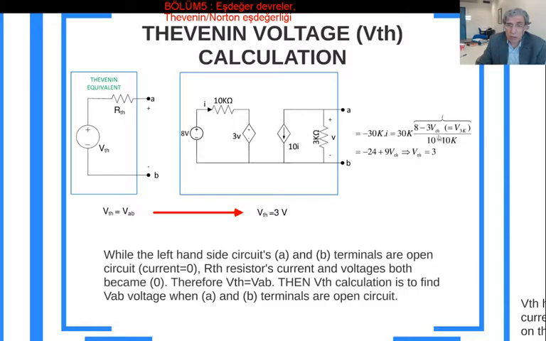So these are the equations that we wrote here. It says minus 30k times I. So that's voltage, isn't it?